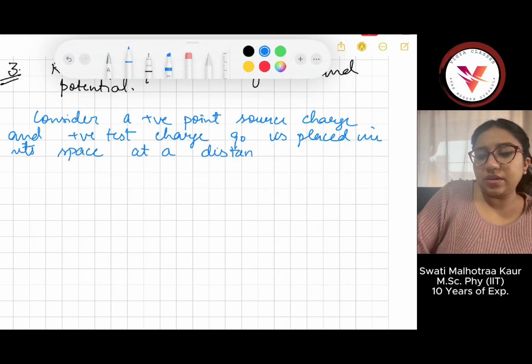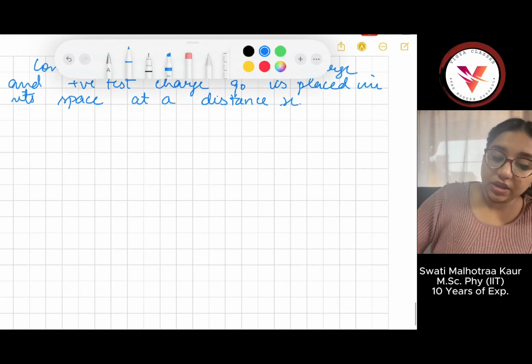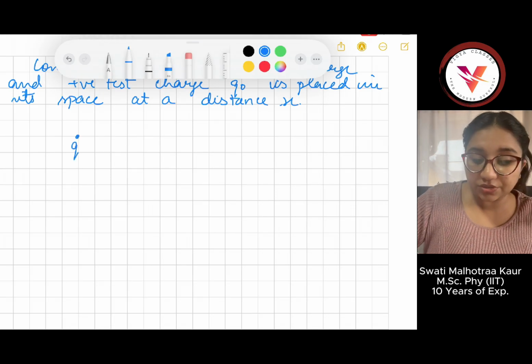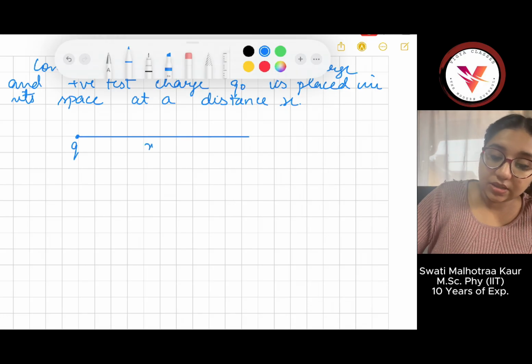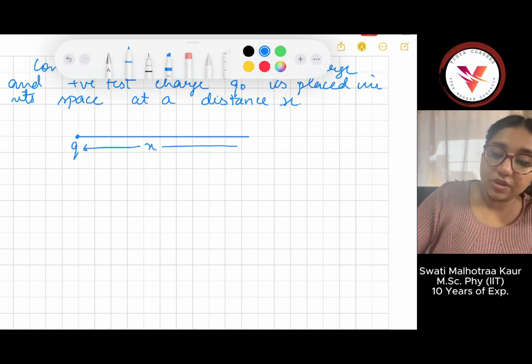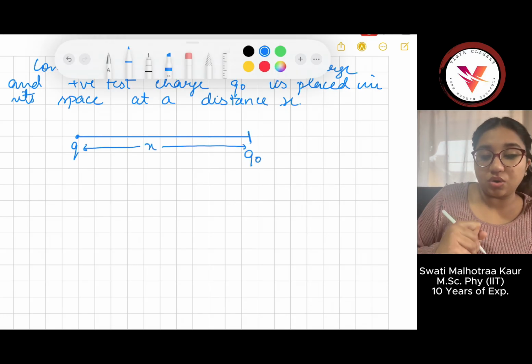We don't need that, but okay, we are writing it. So consider you have a source charge Q, positive charge, and at a certain distance x you have a test charge Q naught.